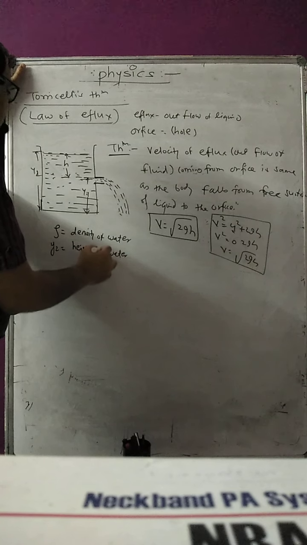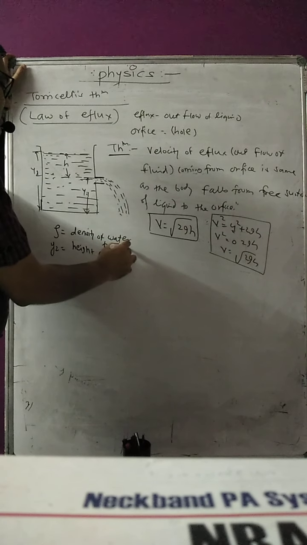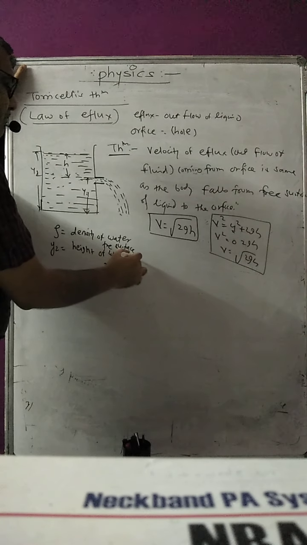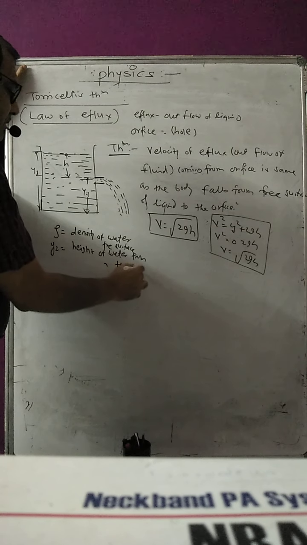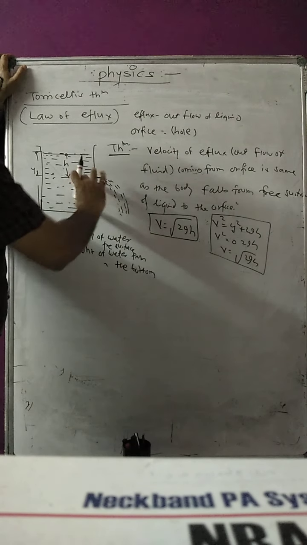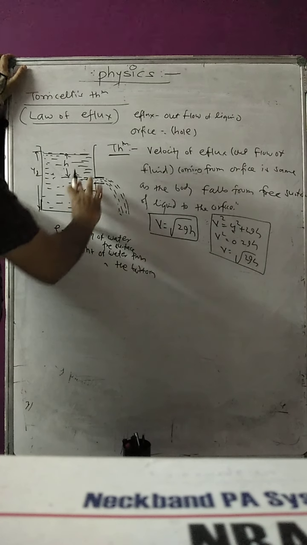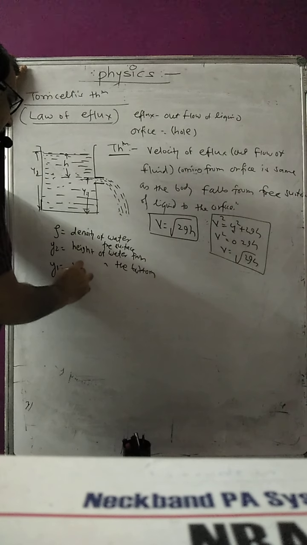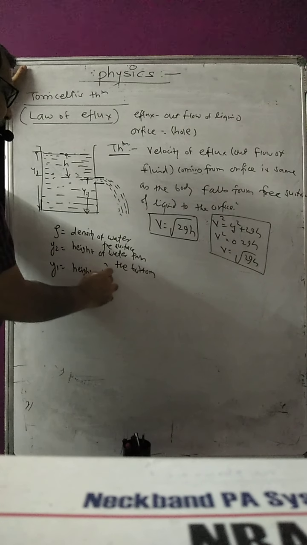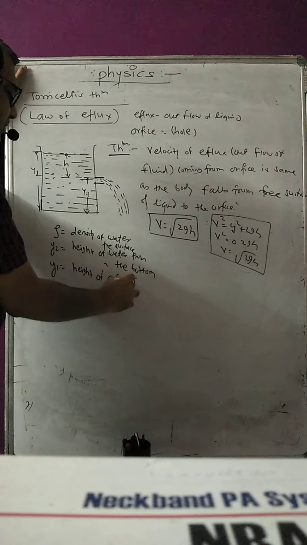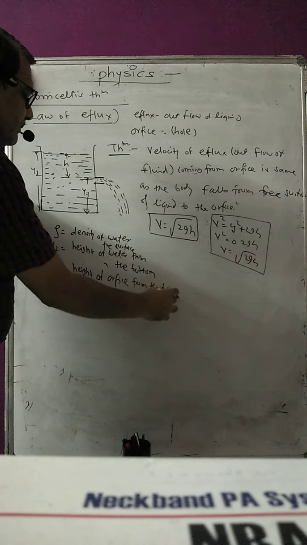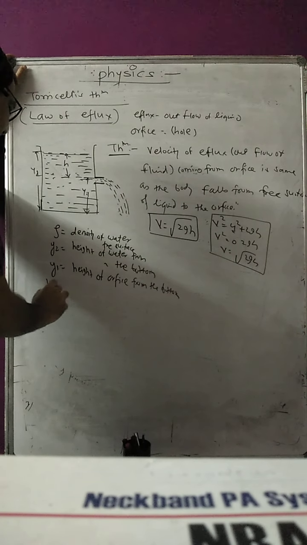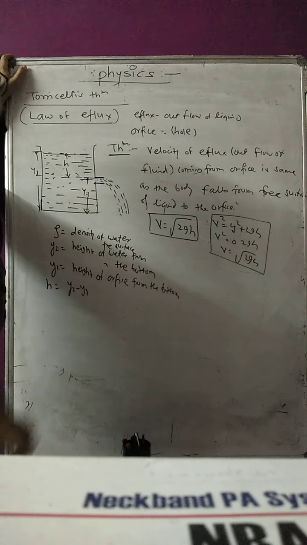Free surface. कारण हा तुमचा surface कसा आहे? Free आहे. Free surface of water from the bottom. Okay, हा झाला y2. y1 is the height of orifice from the bottom. Okay, and h is the difference of y2 minus y1.